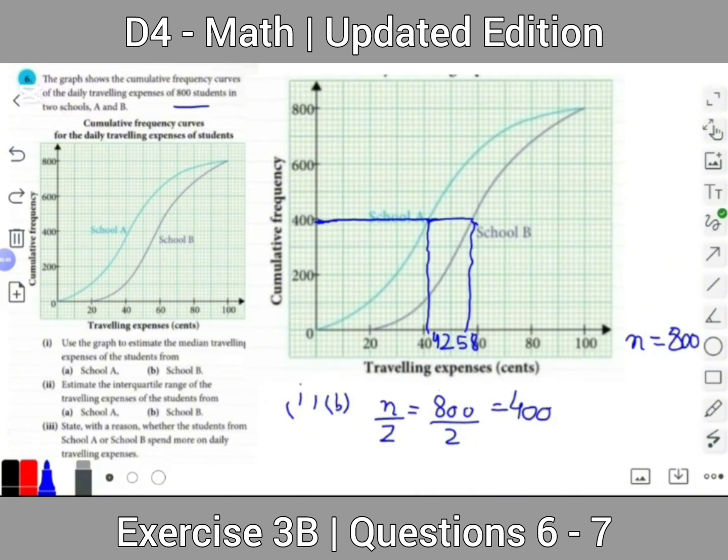So from the graph, median daily travel expenses is equals to 58 cents.